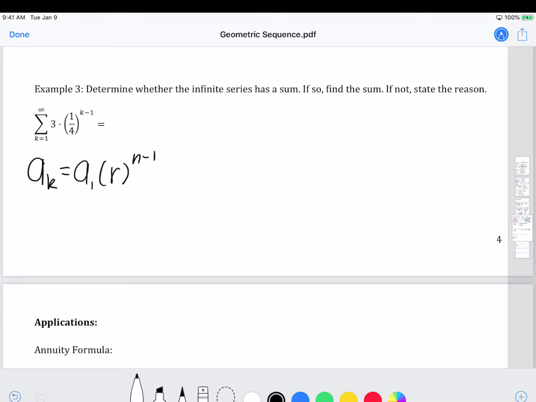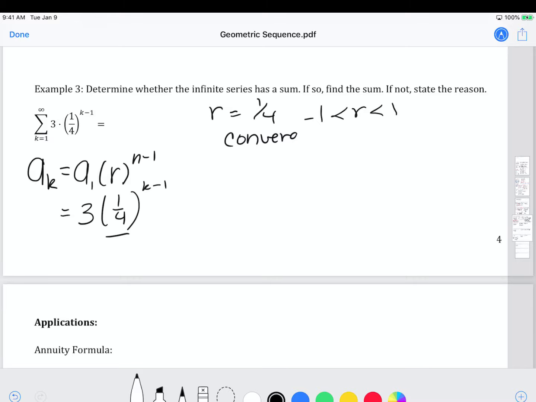Notice a is 3, and r is 1/4, and then we have k minus 1. R, in this case, is 1/4, and that is definitely between -1 and 1. So this series converges, which means we can add this up.